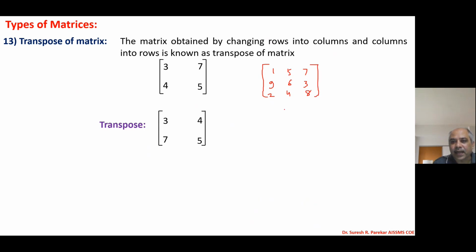So this is the matrix, and if we write the transpose, then rows become columns and columns become rows. So the first column will be 1, 9, 2. Second we have 5, 6, 4, and third we have 7, 3, 8. So this is known as the transpose of this matrix.